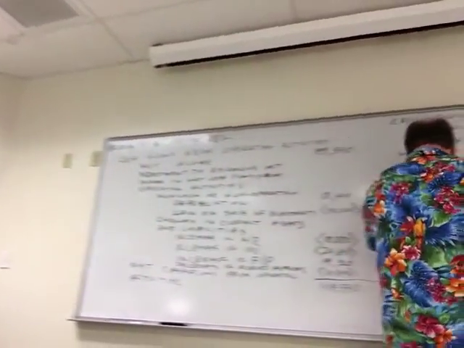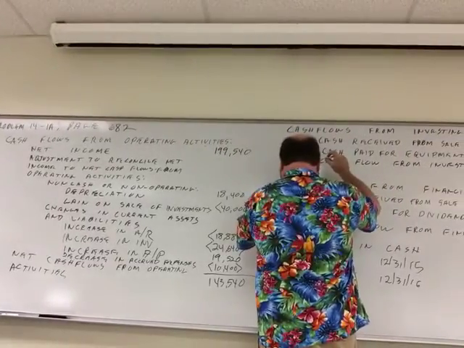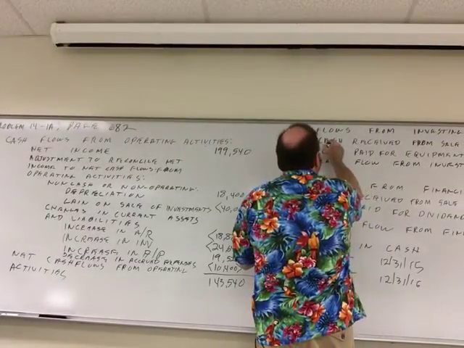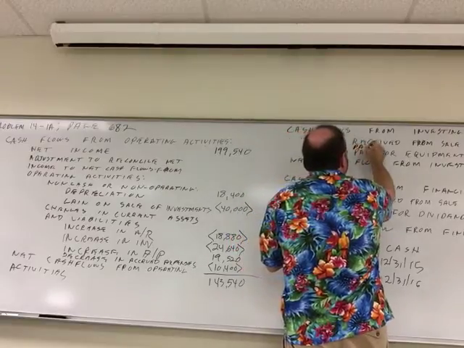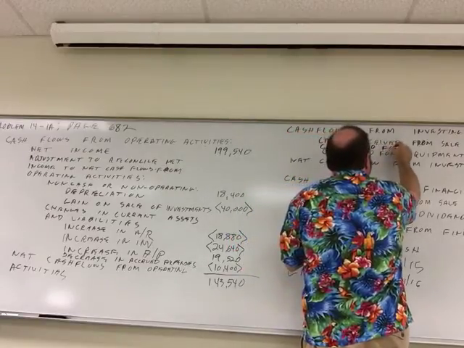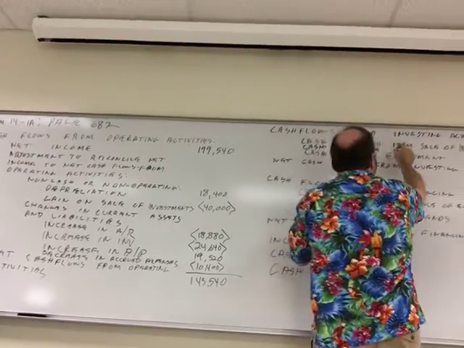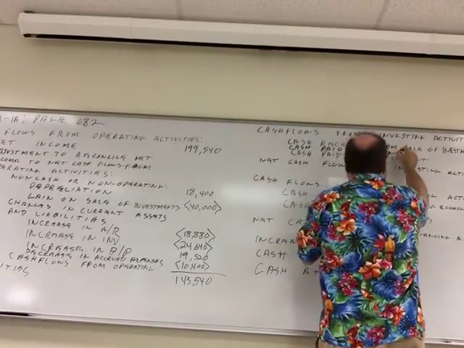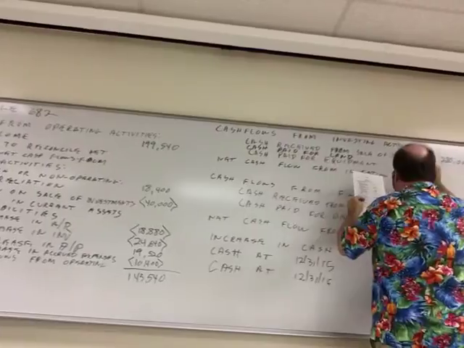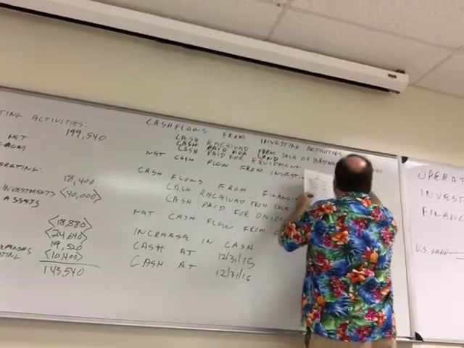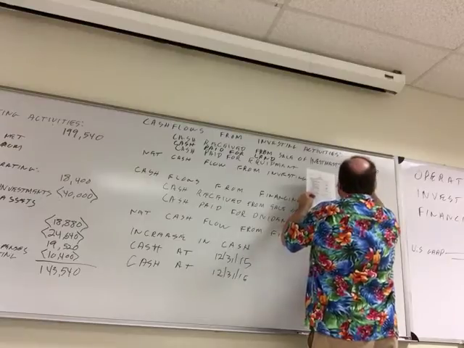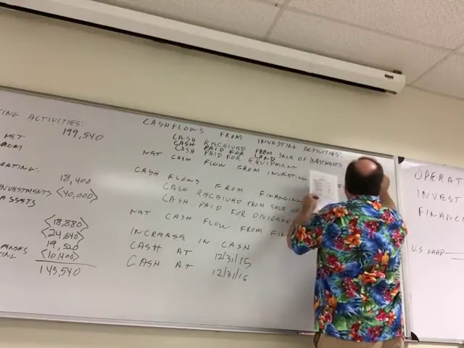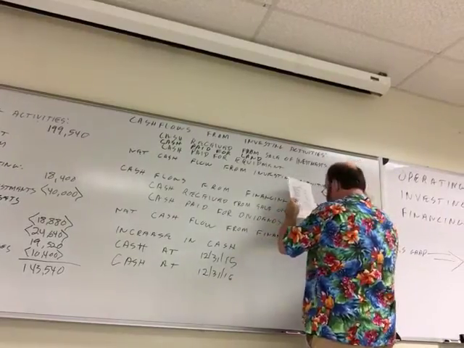So we have cash paid for land. And we paid $328,000. And that's a use of cash.